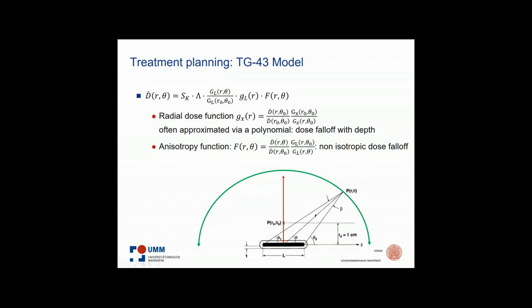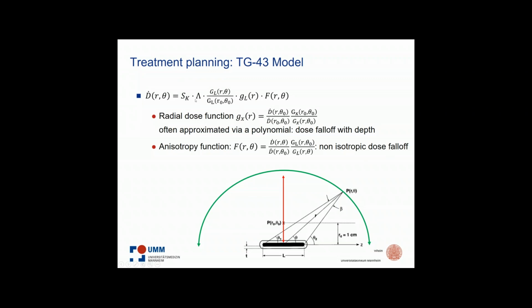And it's the same idea as here: we take it relative to a reference point. Now the reference point is here, on the red line. The red line intersects with the green line. That's the reference point. This is just a point somewhere on the green line. And we have the geometric factors which are compensating it. So this is a non-isotropic dose formula.